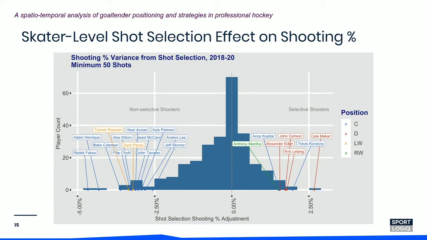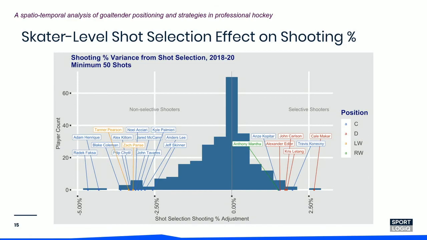So I did that, and I applied it to this in-sample shooting percentage, and said, given how you could be selective or not selective with shots, how would that change your shooting percentage? So it's about plus or minus 2% that I found.